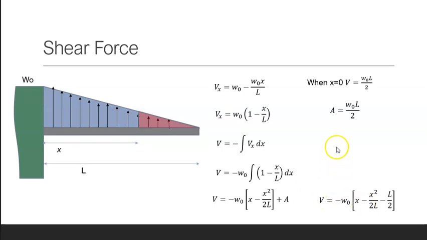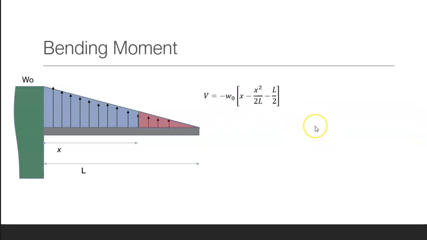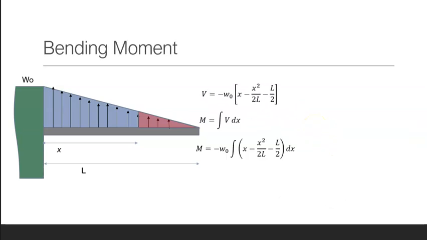I then want to get the bending moment. To get the bending moment, you integrate the shear force. When we integrate the shear force, we get x squared over 2 minus x cubed over 6L minus Lx over 2 plus b.